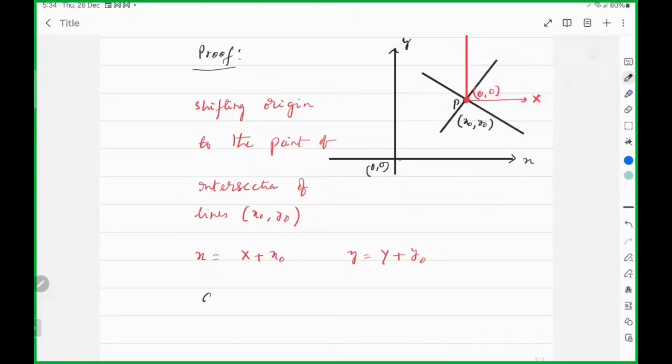Now ax square plus 2hxy plus by square plus 2gx plus 2fy plus c equals 0.